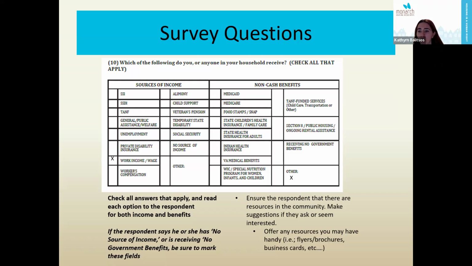You can ask clarifying questions if you need to. So let's say you're interviewing a 35-year-old female who said earlier that she has no children, but when you get to question 10, she says that she receives TANF. That wouldn't make sense since TANF is for families only, so you'd want to go back and ask for a little more clarification.